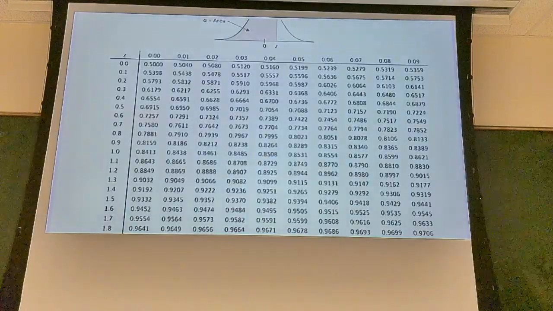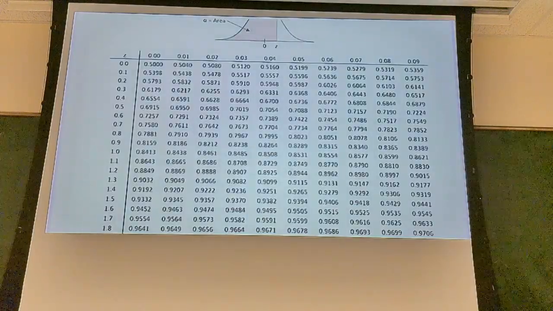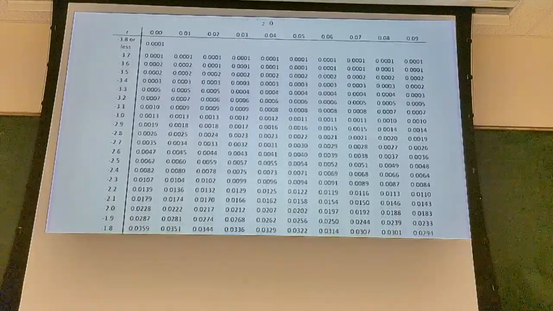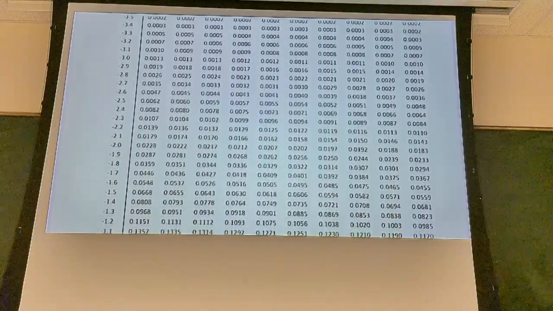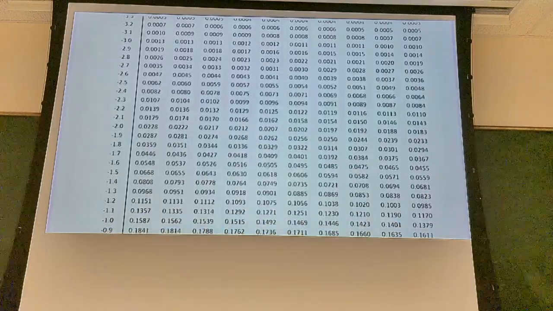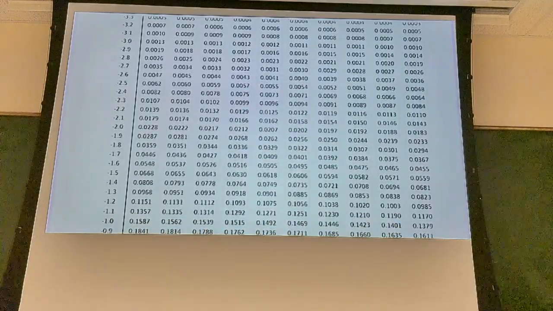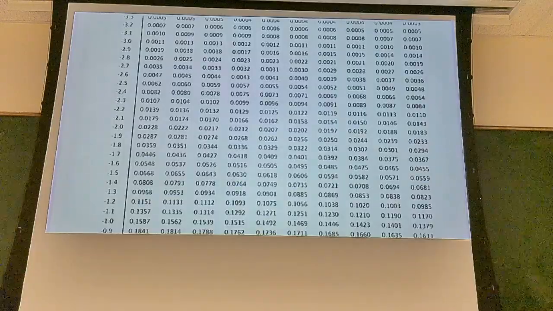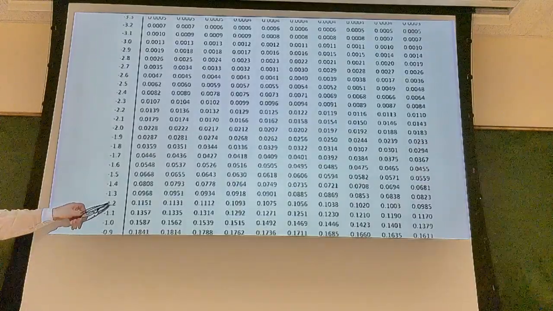So I have to look at the table. Negative 1.25, that is the first page. Look for negative 1.2. Unfortunately you are not able to see my cursor, which is actually right here.